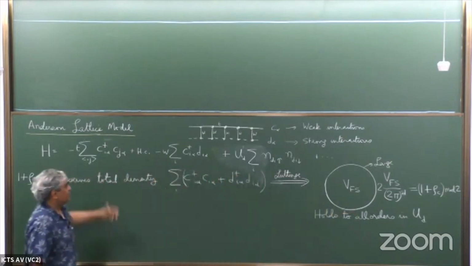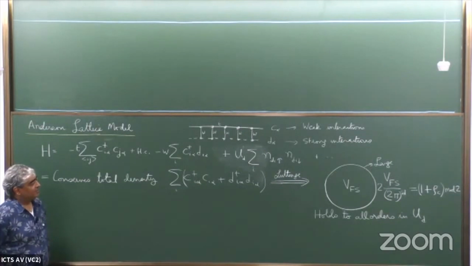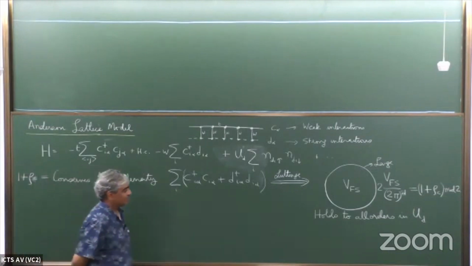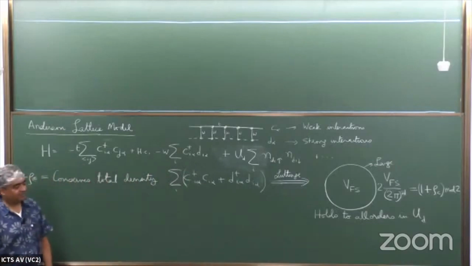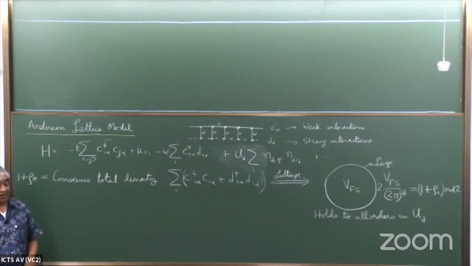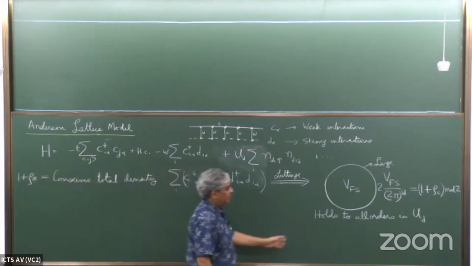All right, so that's a comforting situation, and people felt this meant that you could never violate this kind of sum rule. But now it's become clear in the last 20 years or so, and there are also various experimental indications that I won't discuss here, that there can be other states of matter, metallic states of matter, where this is not true.